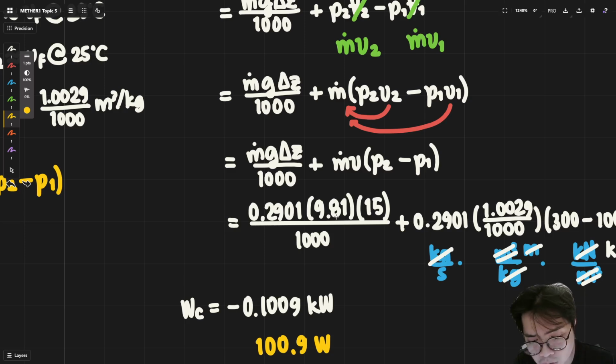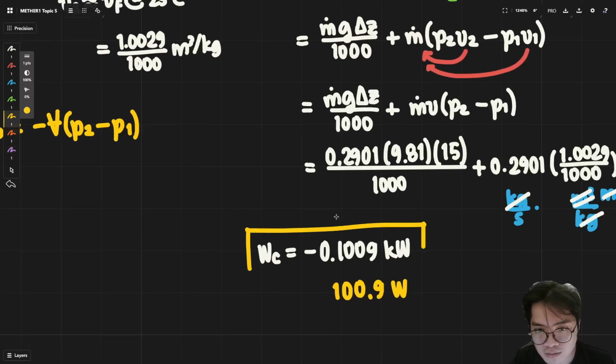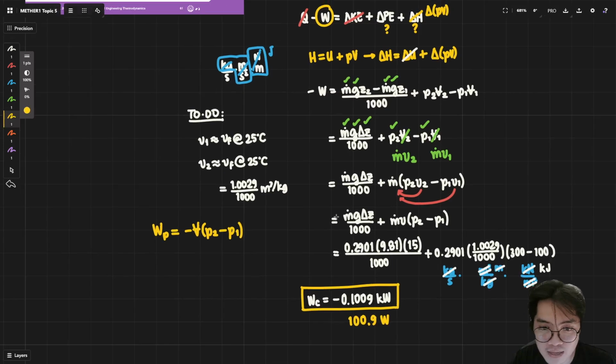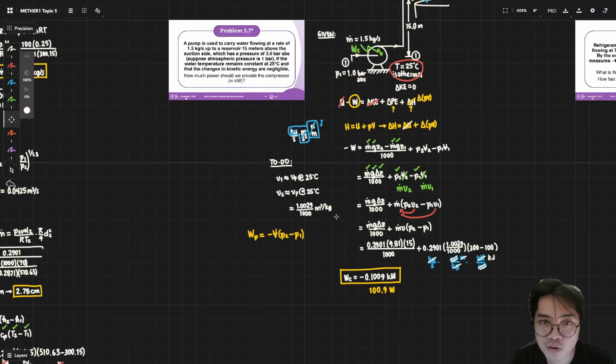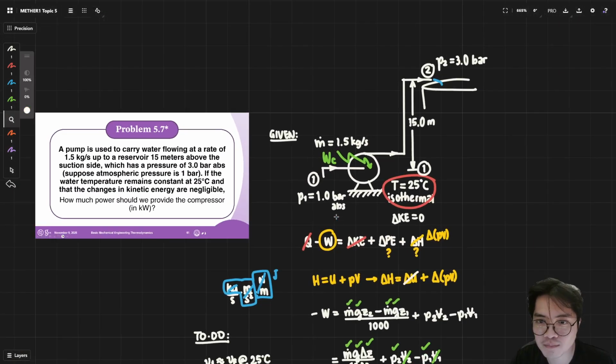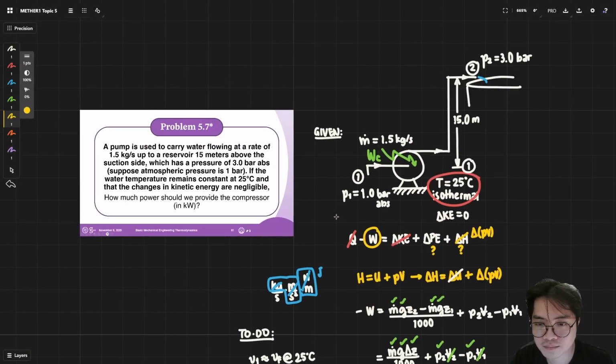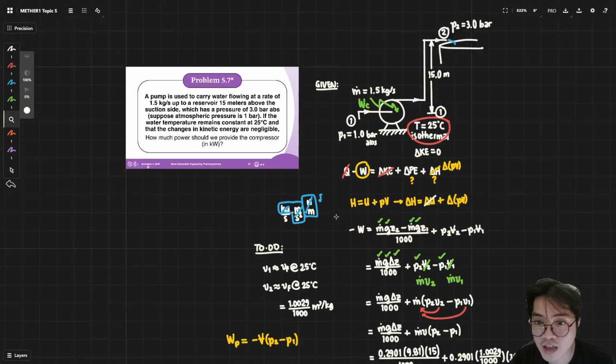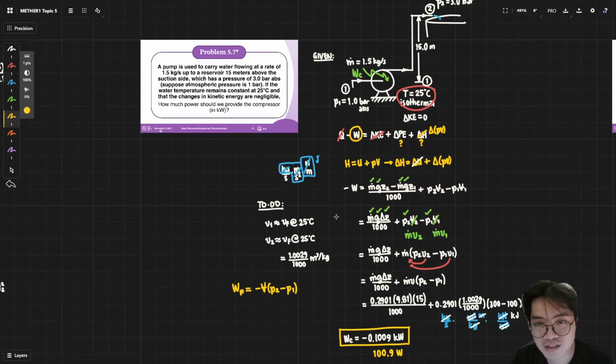So that is also substantial. Now that it's been clarified, this is going to be our answer: the power consumption that we need to feed to the pump is 100.9 watts. That is your problem 5.7. Very confusing, but there you go.